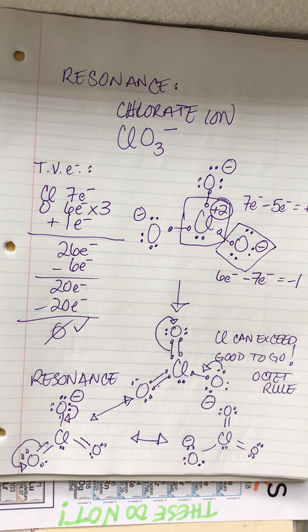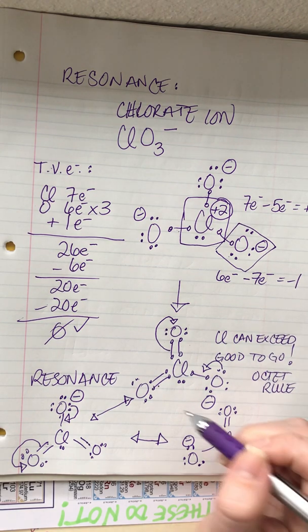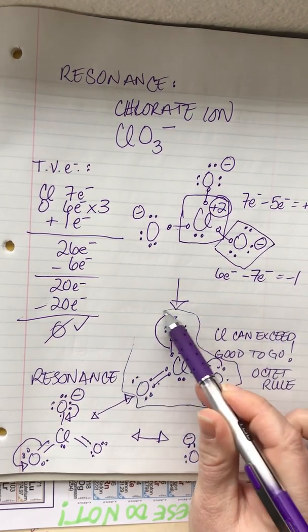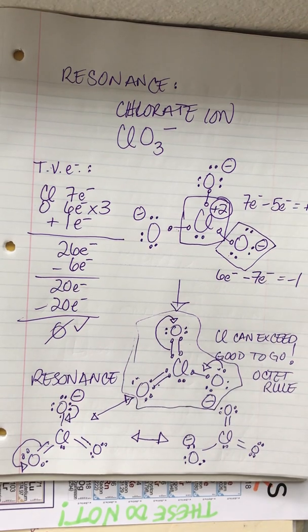Other questions? Sorry? On an example, do we have to draw all the resonance, or will it just say, is there resonance in the structure? That's it. The question of how many resonance structures there are, or whether you could draw them, is not something I'm going to ask you guys to do. What I want you to know is that looking at this structure, you can see that it has resonance.